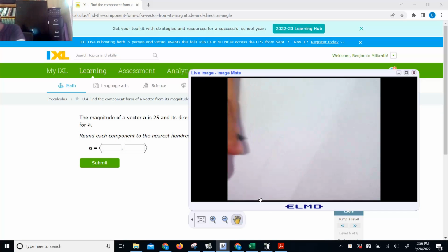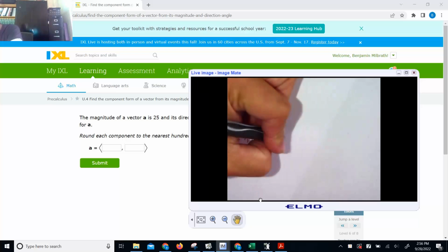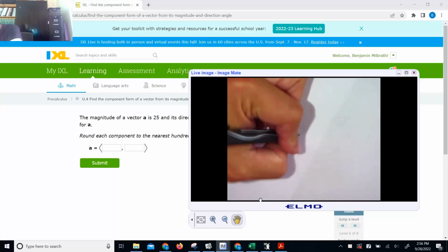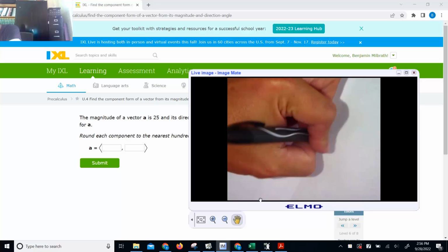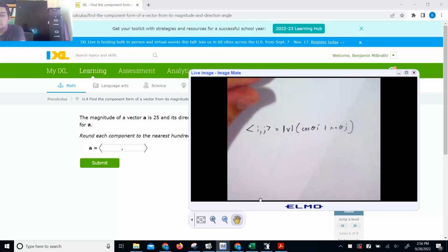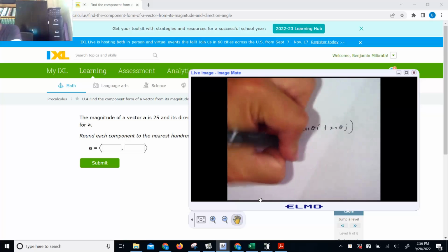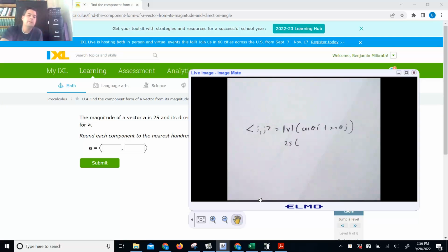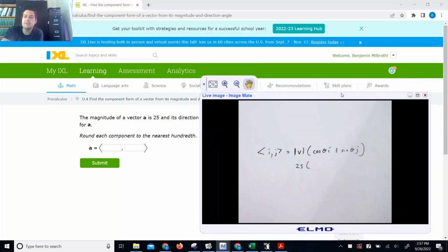All right, so my little component form here, i j, is equal to the magnitude of the vector times the cosine of theta i plus the sine of theta j. This guy has a magnitude of 25. The angle of interest here is 36 degrees.